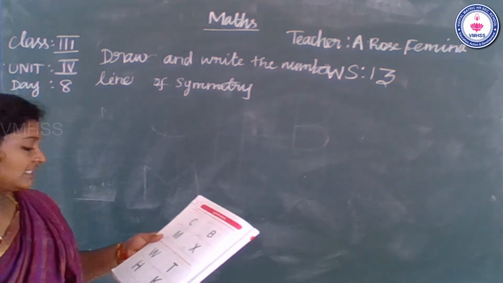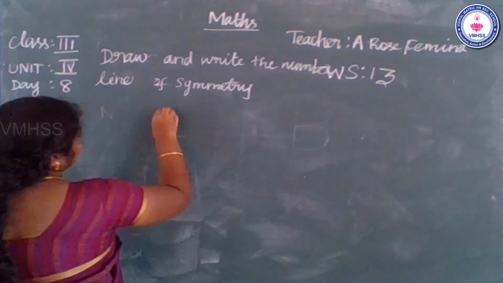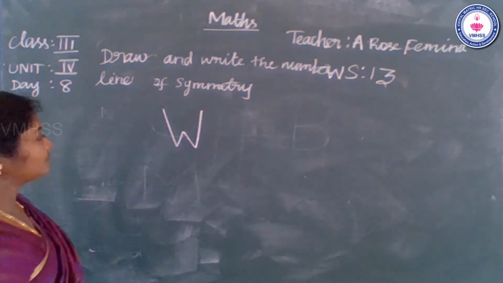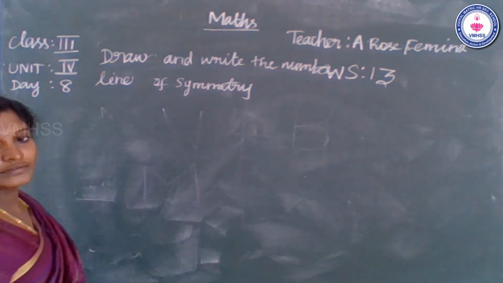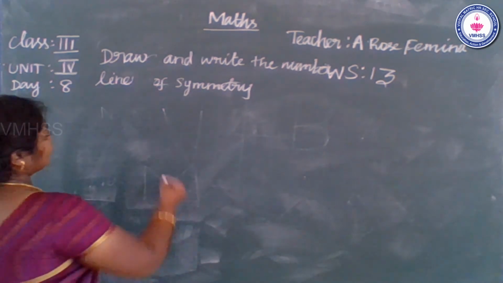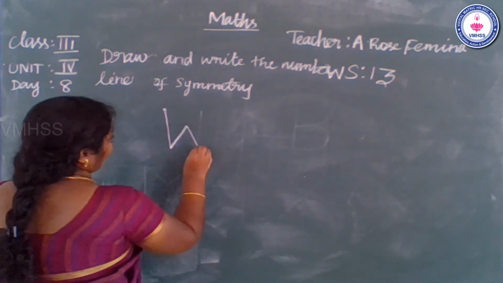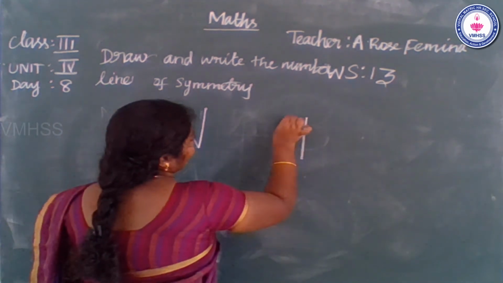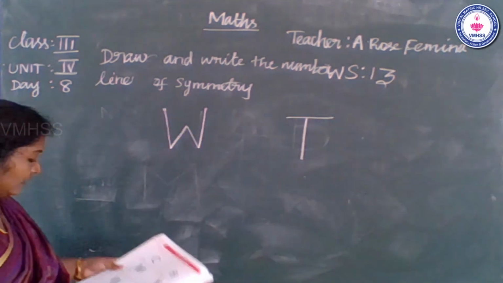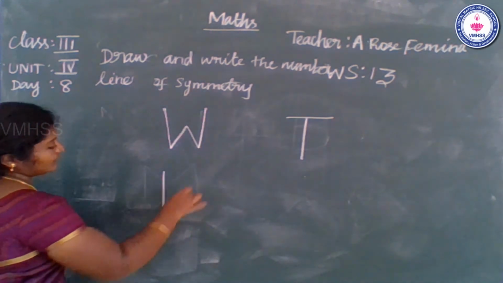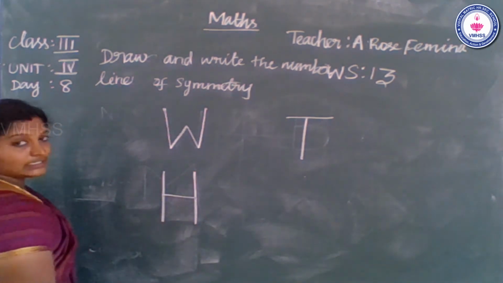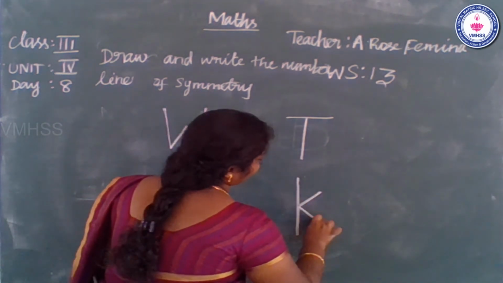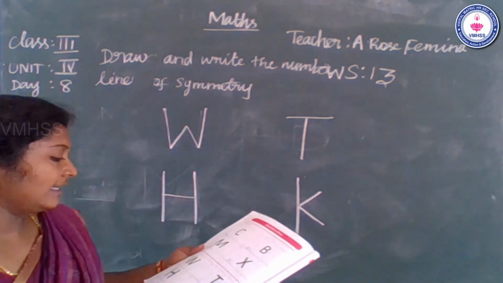So what is the first letter? The first letter is W, the second letter is T, the third letter is H, and the fourth letter is A. Students, listen carefully.